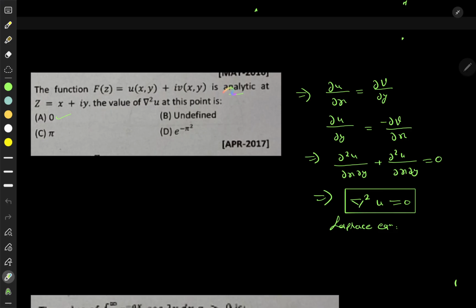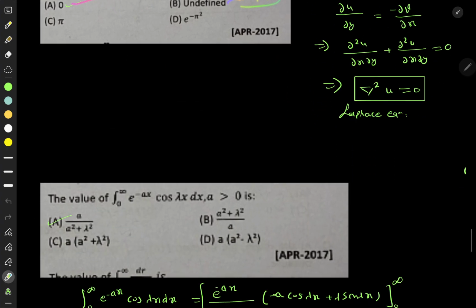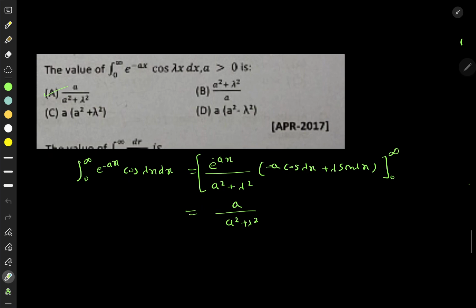So you know, we have studied it. It is the Laplace equation basically in LCT. Very easy question. It is the basic formula: integral of e raised to the power minus ax cos bx dx equals e raised to the power minus ax upon a square plus b square times minus a cos bx plus b sin bx.